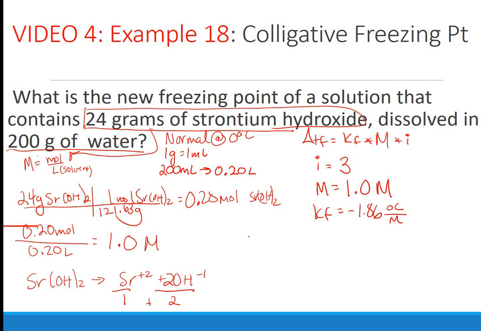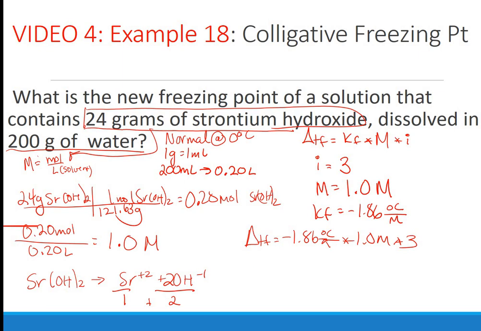So now we can plug everything in. So our Kf is negative 1.86 times our M times our i. And if we look, all our units are going to end up canceling out, and you should notice that our molarity will cancel out because we have molarity as a denominator and as a numerator.